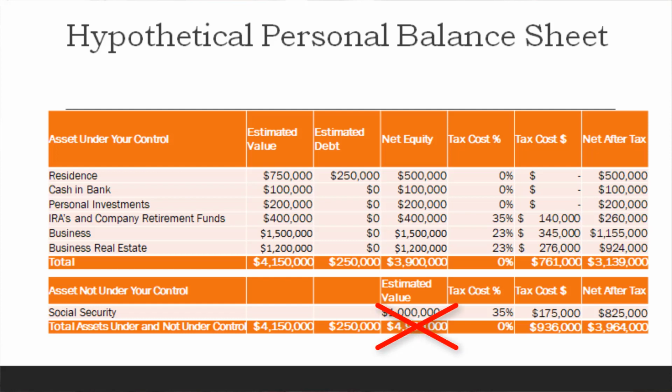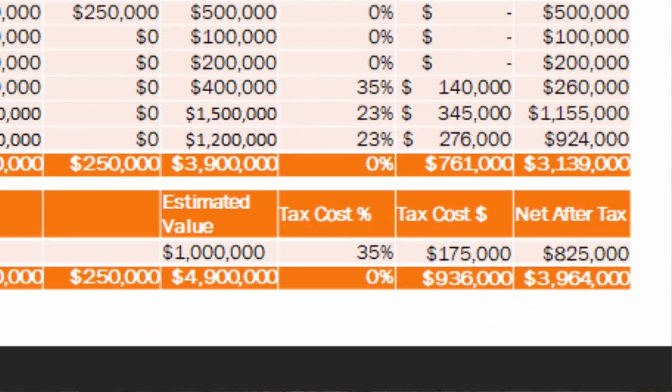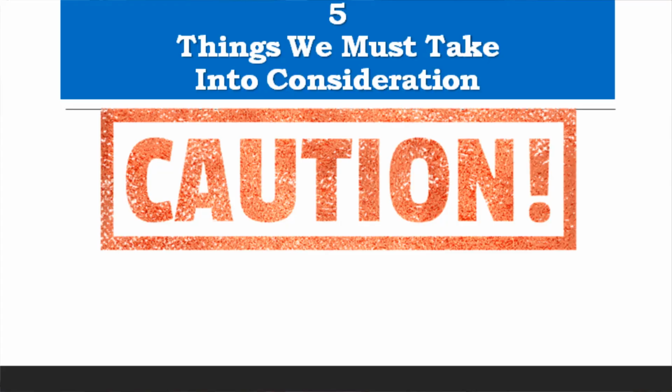We now have about $3.9 million. While we're close to our need, there are 2 other matters that we haven't taken into consideration yet. The fourth consideration is a conceptual matter, not a tax matter.